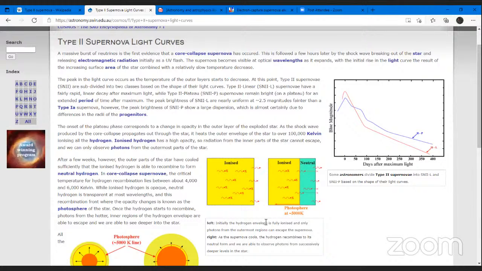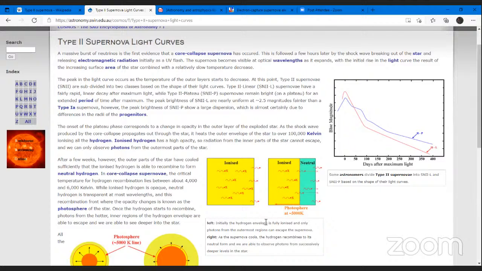So now the opacity is decreasing, and it slowly starts increasing the photon emission, which is reflected in the light curve you could see, because after a peak it was decreasing, right? But you might think that after this ionized hydrogen process happens, the luminosity should have been increasing, but it is decreasing.